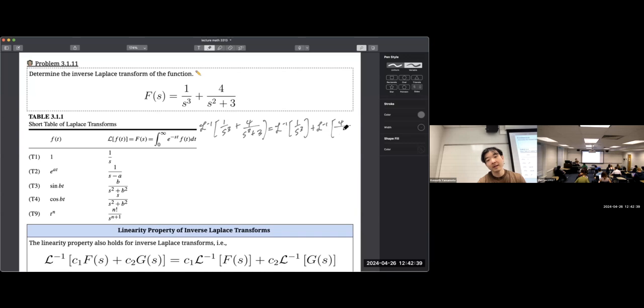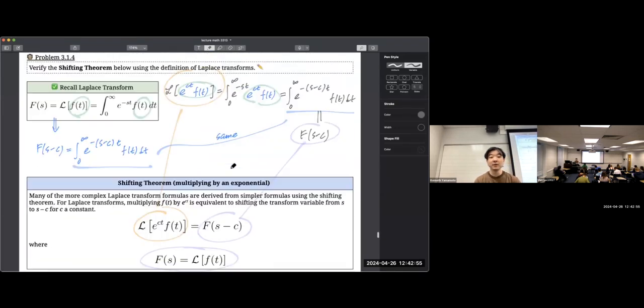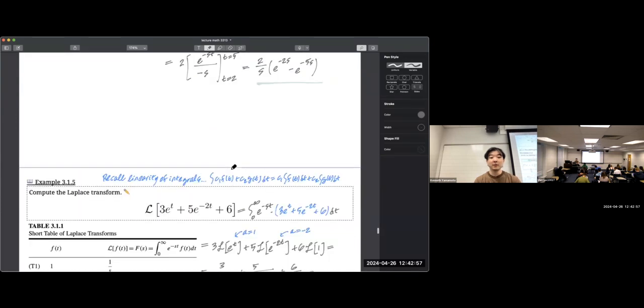This is the same idea as we had with Laplace transforms: the Laplace transform of two things added together is the addition of the two Laplace transforms. That's just because of linearity, like we went over and talked about, right? Linearity of integrals. It's a long time ago.